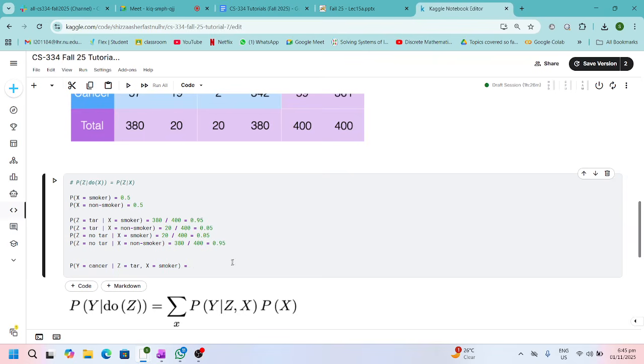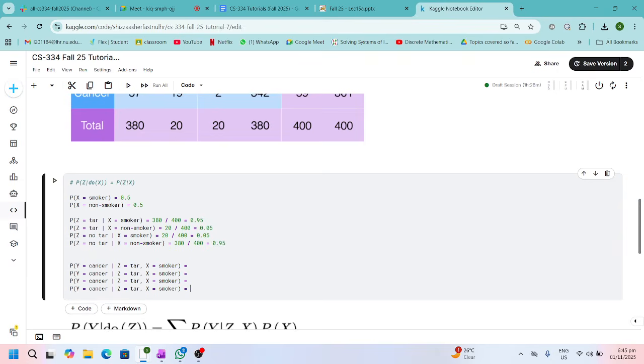This is not the only thing that I have to find. I have to multiply this then with the probability of x, which means the probability that x equals smoker. But for now we compute all the simple values. This would be no tar. This would be no tar again. This would be non-smoker.